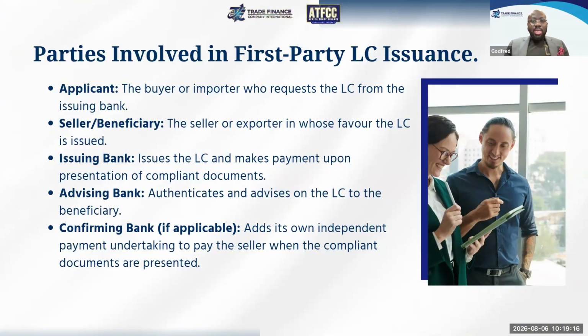They authenticate and advise on the LC to the beneficiary. And there's also the confirming bank, if applicable. In the next two slides we will explain what confirmation is. The confirming bank has its own independent payment undertaking to pay the seller upon the presentation of compliant documents. Next one.